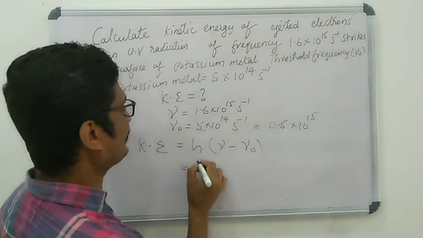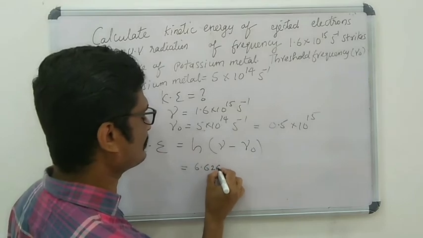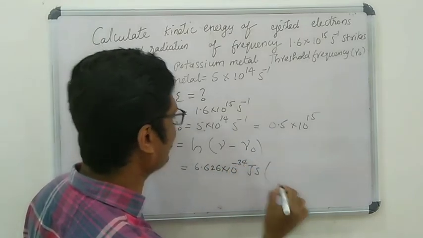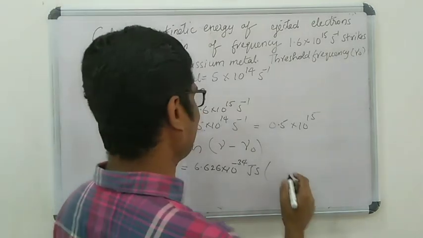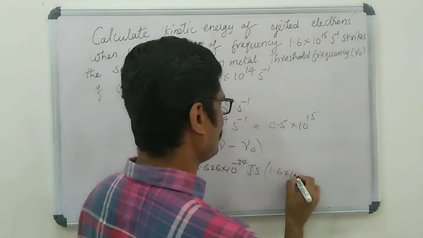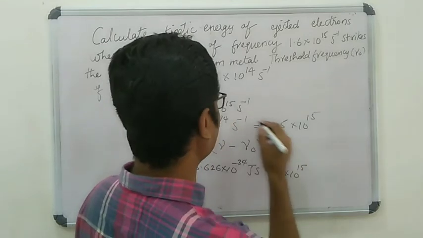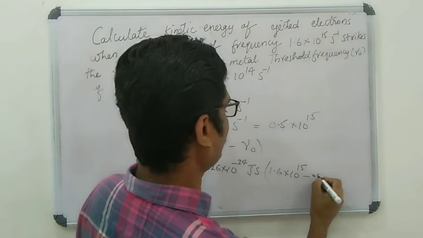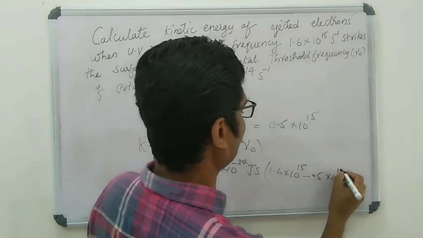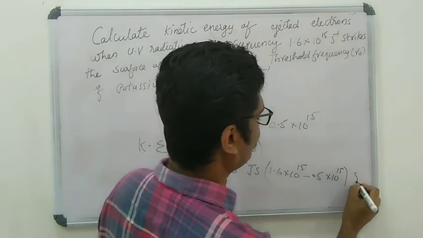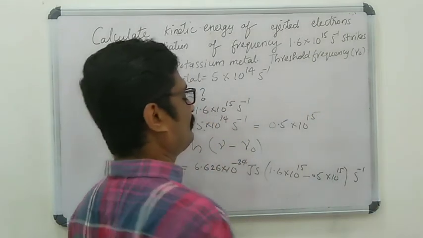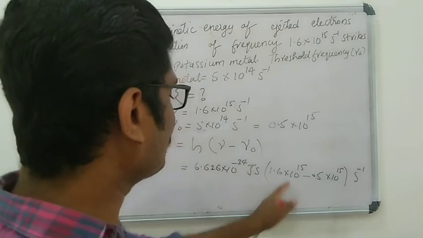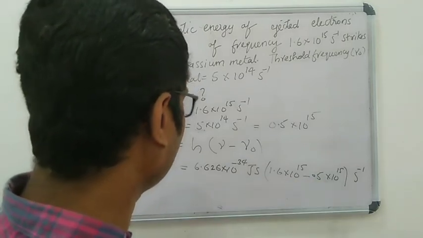Then h is 6.626 into 10 raised to minus 34 joule second. The frequency of incident light is 1.6 into 10 raised to 15 second inverse, minus 0.5 into 10 raised to 15 second inverse. Then 10 raised to 15 is also common.